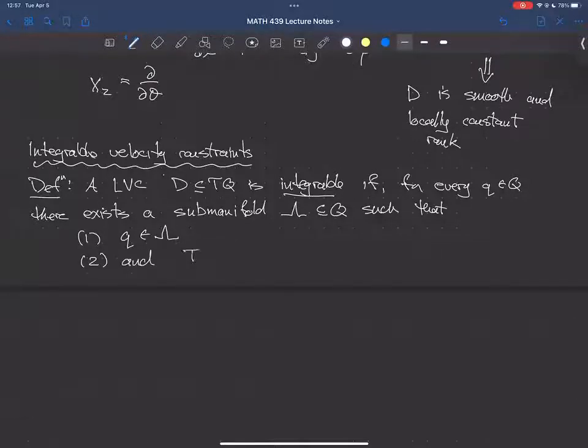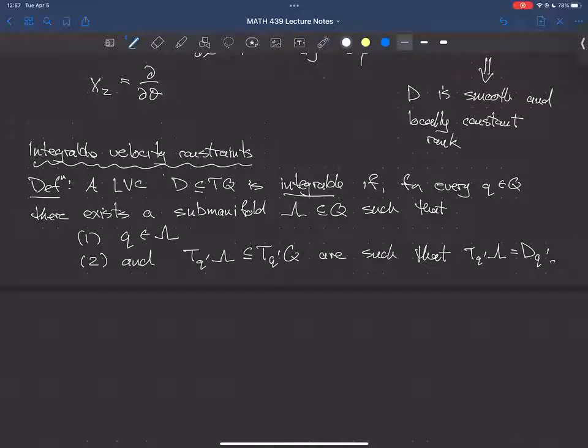The tangent spaces to lambda, okay, so these are subspaces, of course, of the tangent spaces of Q, are such that these tangent spaces are actually equal to the subspaces specified by the distribution.